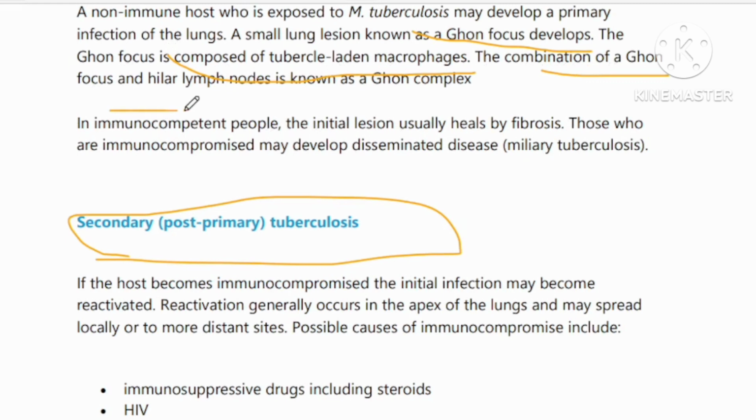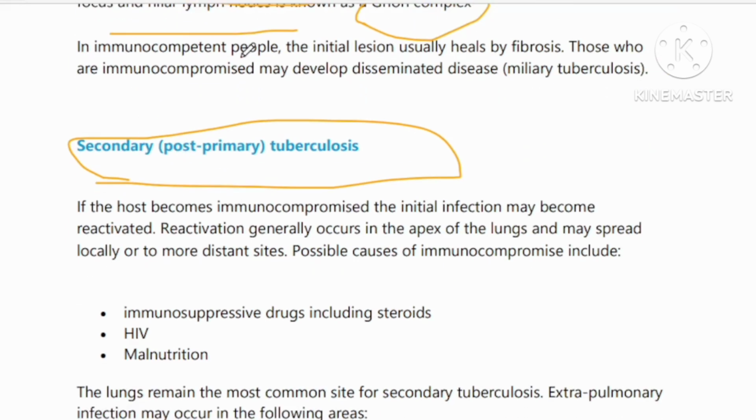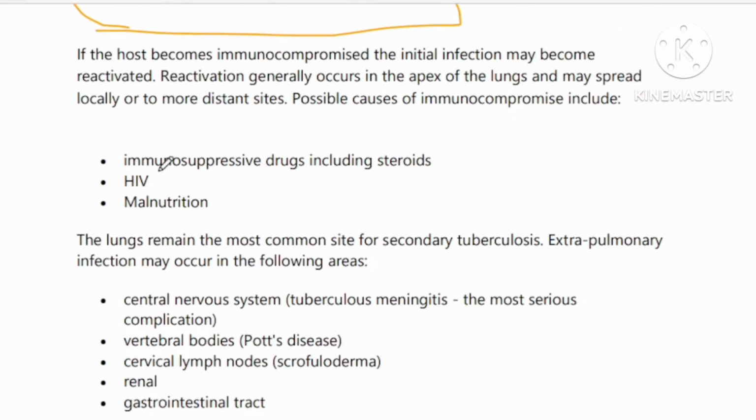The combination of the Ghon focus with a hilar lymph node is known as the Ghon complex. In immunocompetent people, the initial lesion will usually heal, causing fibrosis. Those who are immunocompromised may develop disseminated TB, known as miliary tuberculosis.